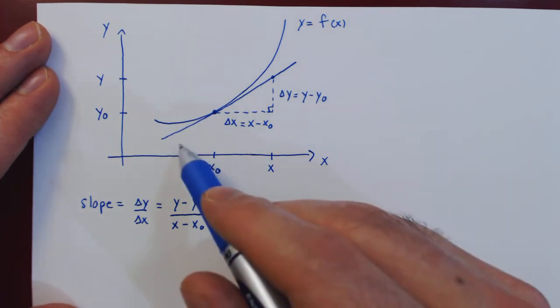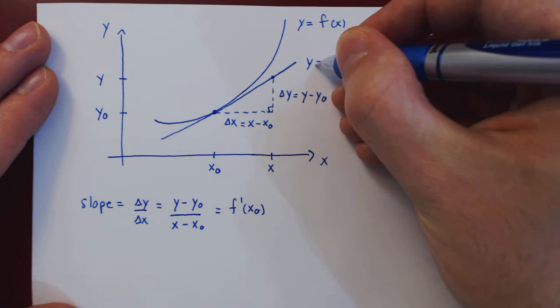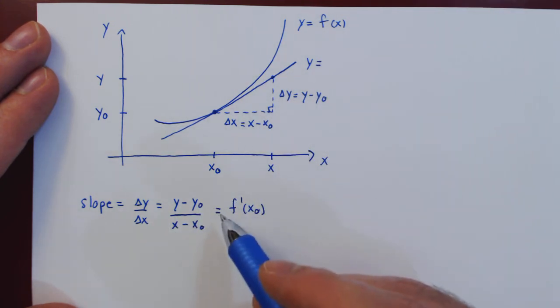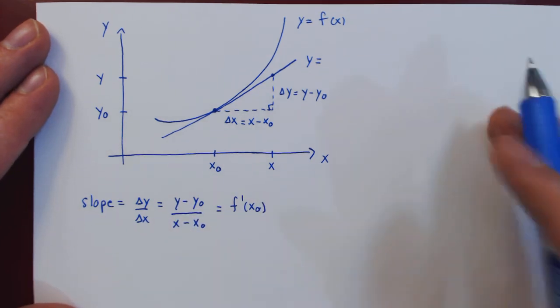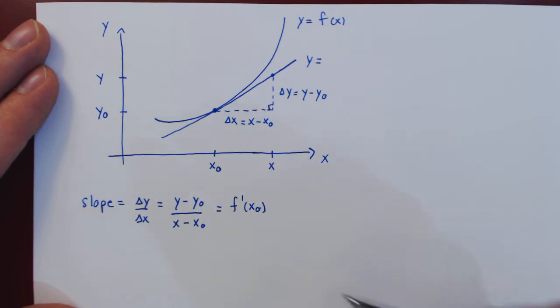And now, when we want the equation of the tangent line, we are looking for expressing y in terms of x. Well, this can be easily accomplished if we now, from this equality, simply isolate the y value. So first, multiply across the equality by x minus x0.